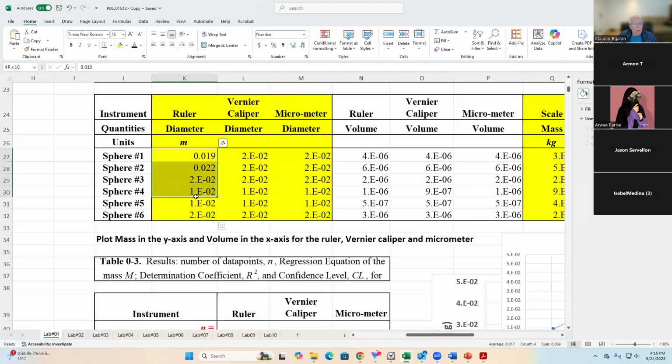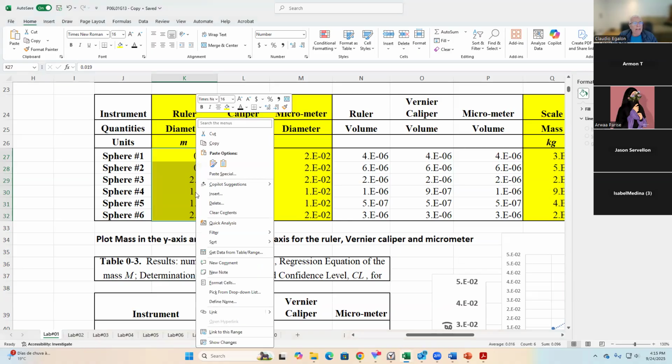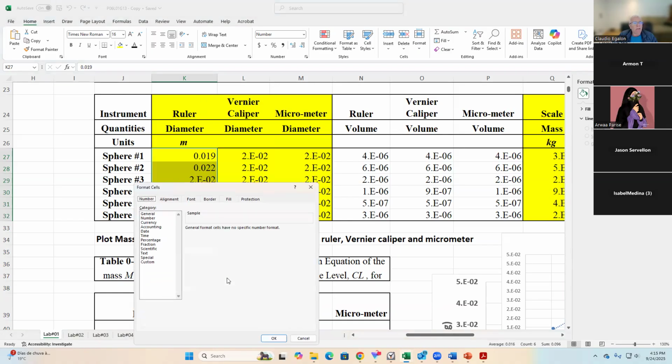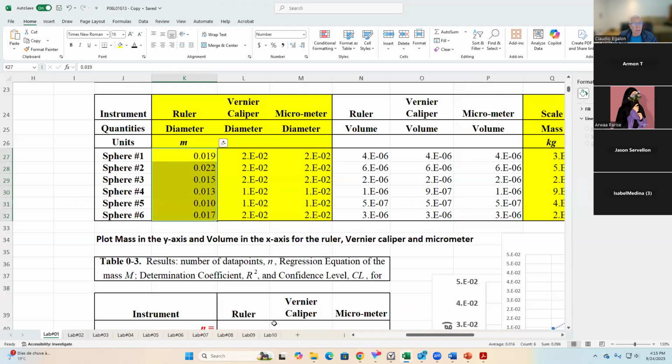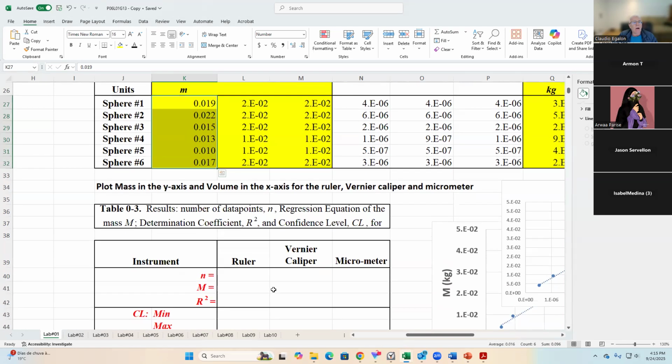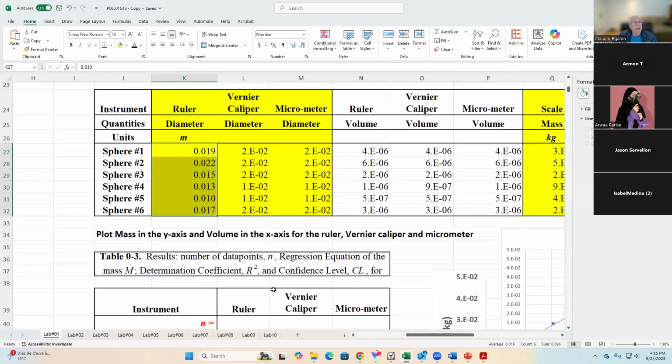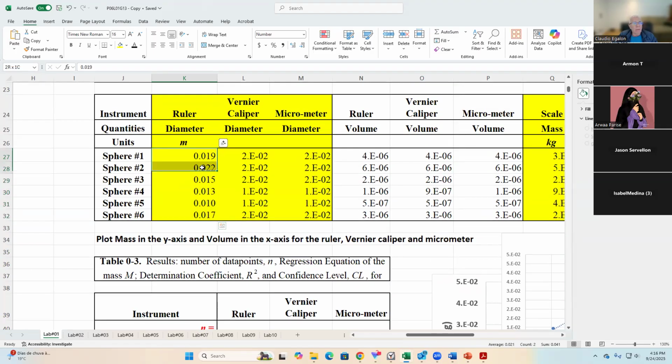Because they will all have the same number of decimal places, you don't need to do one by one. You can do everything all together. Highlight every one, right-click, format cell, number, 3 decimal places. And now I'm displaying the measurements with the proper number of significant figures, okay?